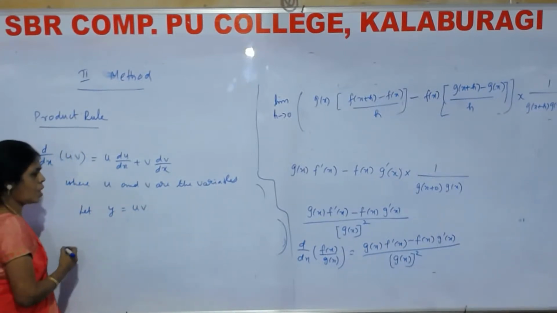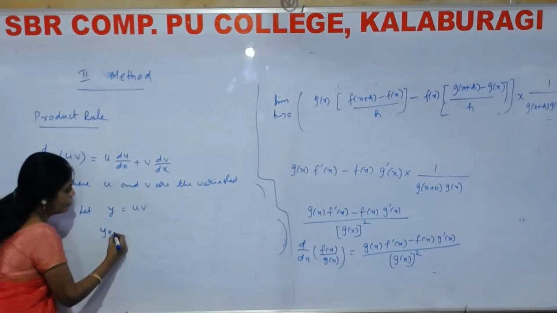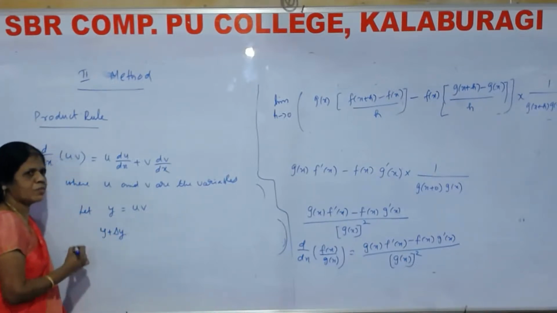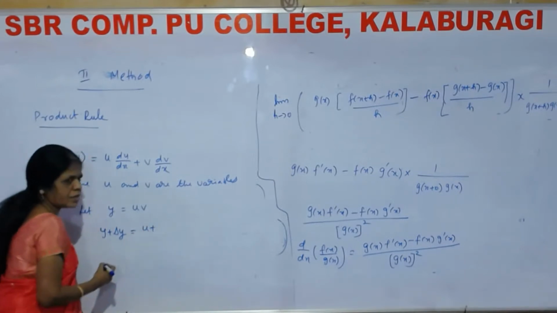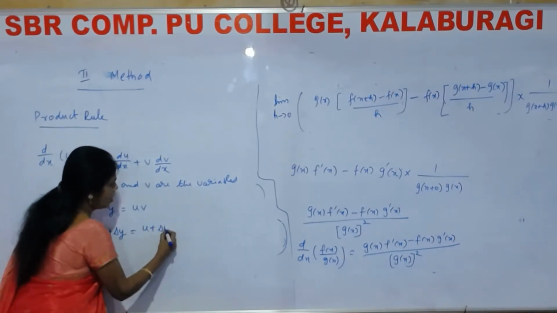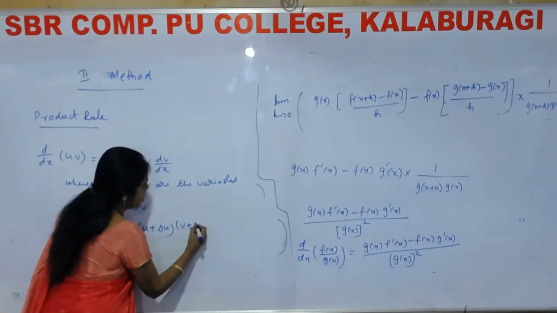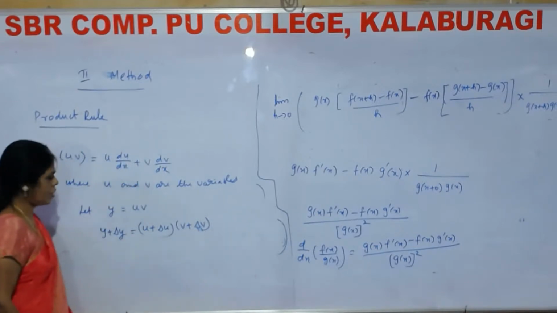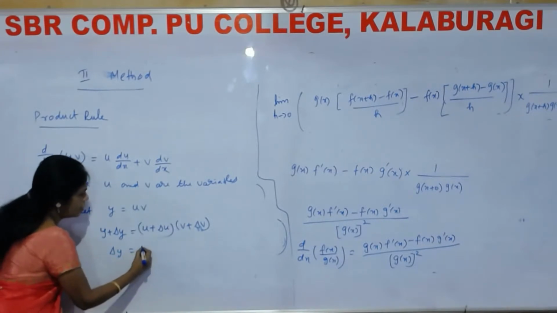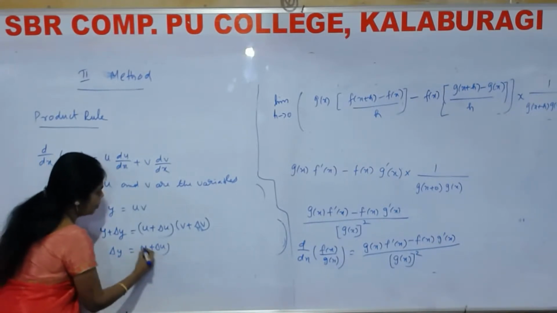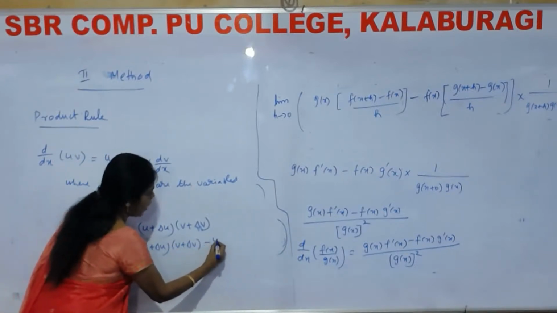Now we can do it this way. When y is increased by delta y, because the variables are different, we have to follow different increments. u will be increased by delta u and v will be increased by delta v. Now I will say delta y equals u plus delta u into v plus delta v minus y.